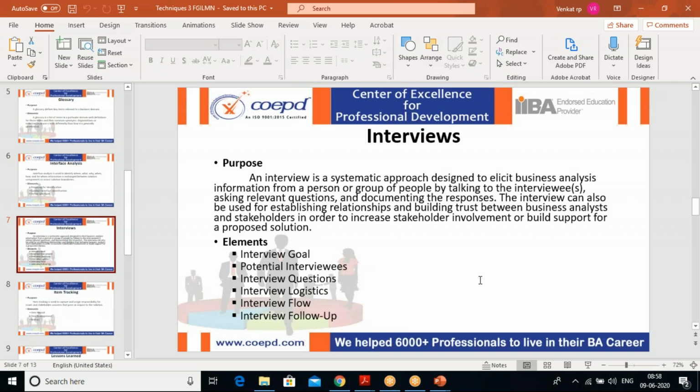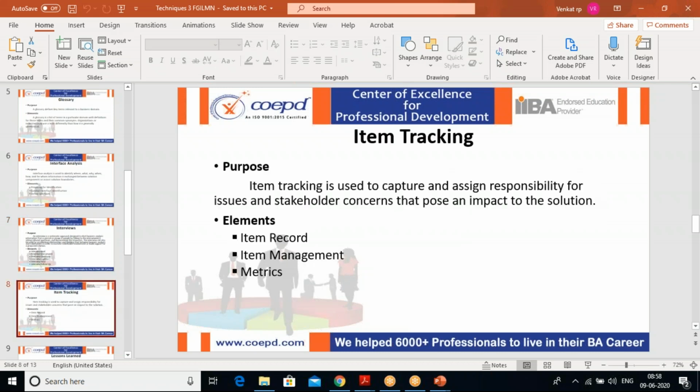We take an appointment with them, ask them questions, and they give us answers. We follow one logistic flow, and after the interview we do a follow-up, finalize where the conflict is, remove that conflict, and confirm the requirements. Interviews can be done in multiple formats, like one-to-one, one-to-many, many-to-one, and panel. We can conduct those types of interviews.